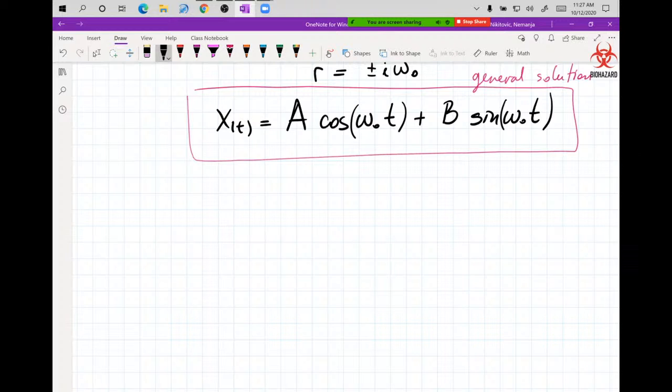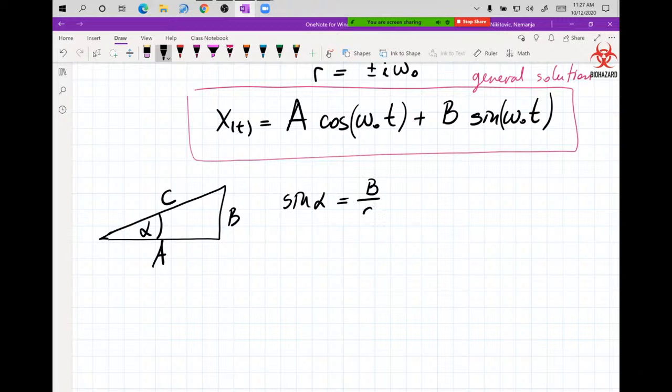So if you make a triangle with sides A, B, C, and some angle alpha in it, you can write sine alpha is opposite over hypotenuse. You can write cosine alpha is adjacent over hypotenuse, and obviously you have your Pythagorean theorem for the whole thing.